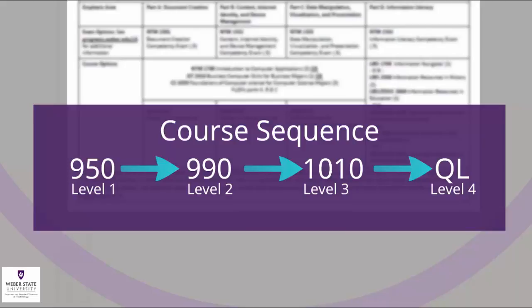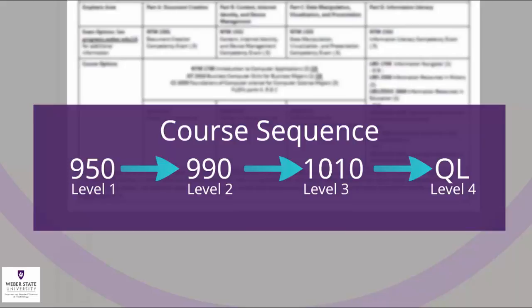Please note that Math 950, 990, and 1010 are considered developmental courses. The credits and grades earned in Math 950 and 990 do not count toward your overall credits for graduation or toward your GPA.